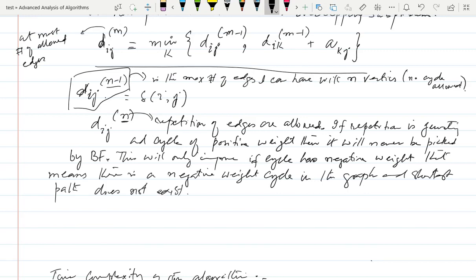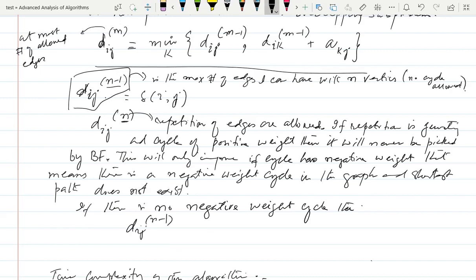Okay? So this is important. So in that case, if there is no negative weight cycle, then Dijn minus 1 will be same as Dijn. This will be same as Dijn plus 1, and so on.